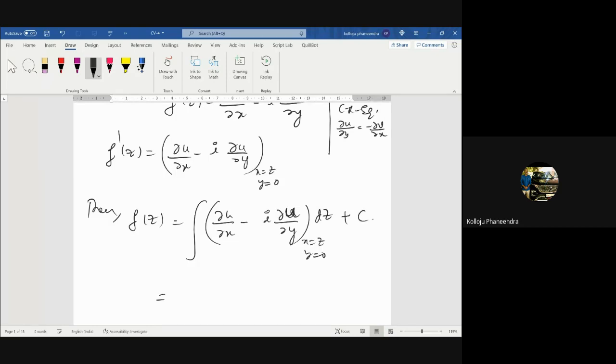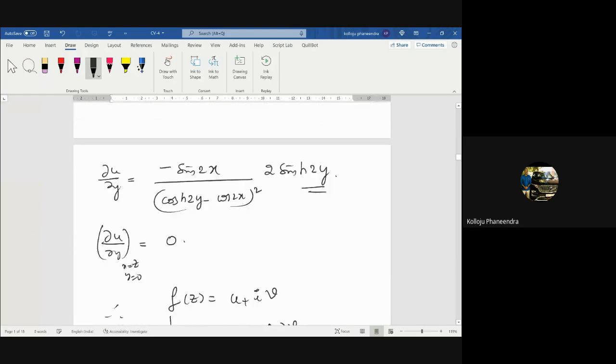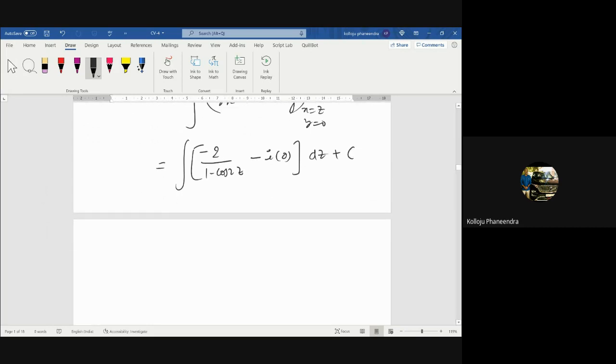So what is the function I got? ∂u/∂x gives minus 2 by (1 minus cos 2z), and this other part I got 0. This is dz plus c, isn't it right? So what is the answer now? Integrating, minus 2 outside, 1 by (1 minus cos 2z) dz plus c.